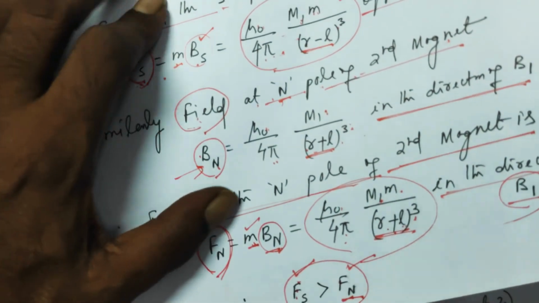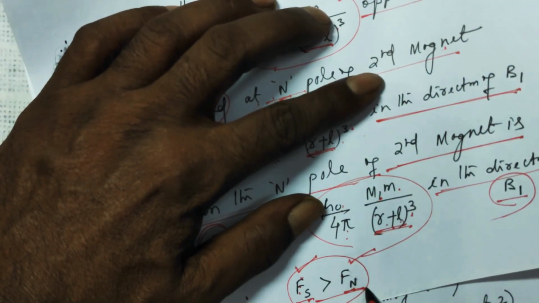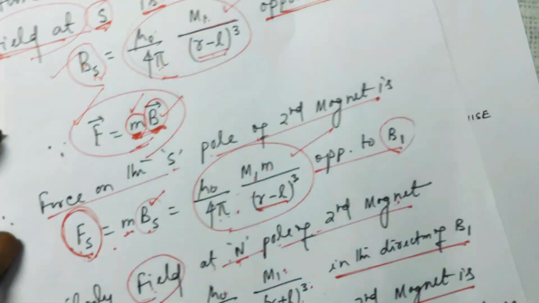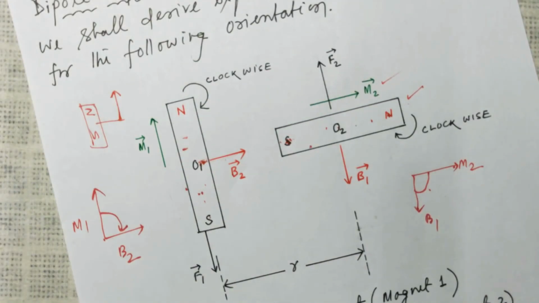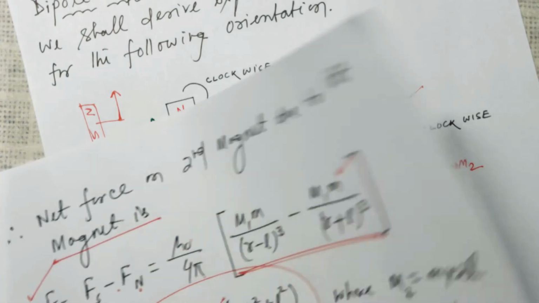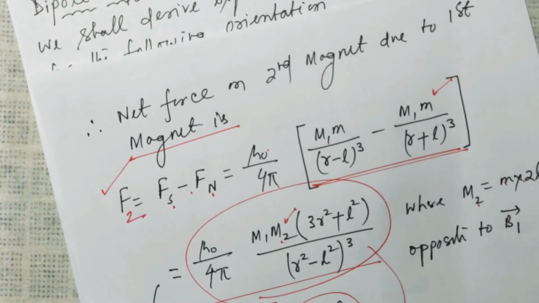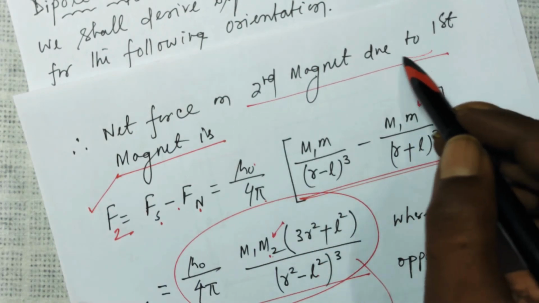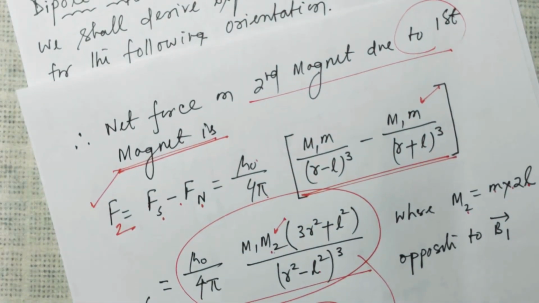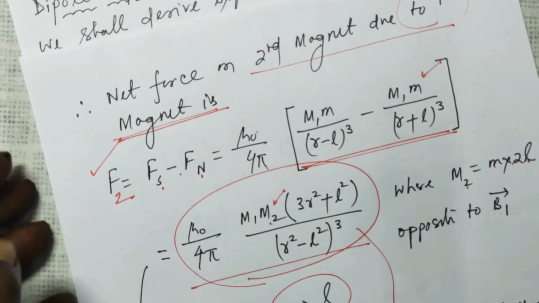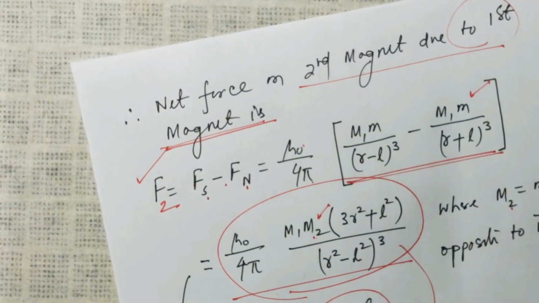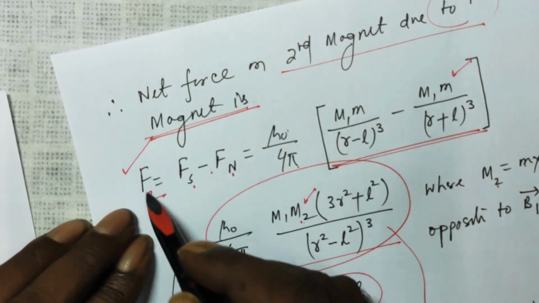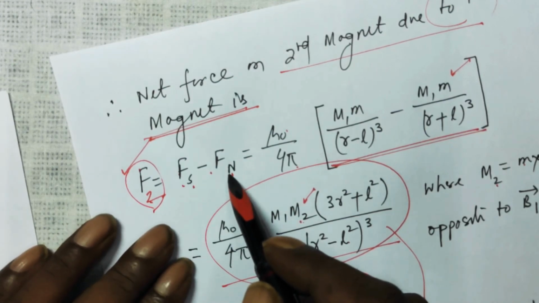So Fs is greater than Fn. So the net force will be the difference of the two, because both are in opposite directions. So the net force on the second magnet due to the first magnet is Fs minus Fn.